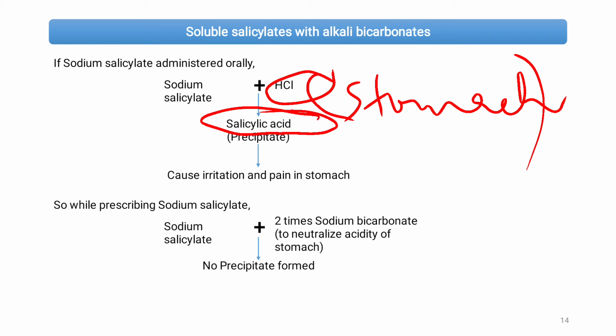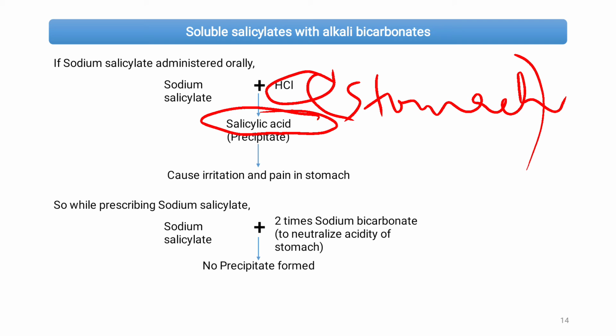So to avoid this irritation and pain in the stomach, while we are prescribing the sodium salicylate, we have to prescribe 2 times the sodium bicarbonate along with the sodium salicylate.